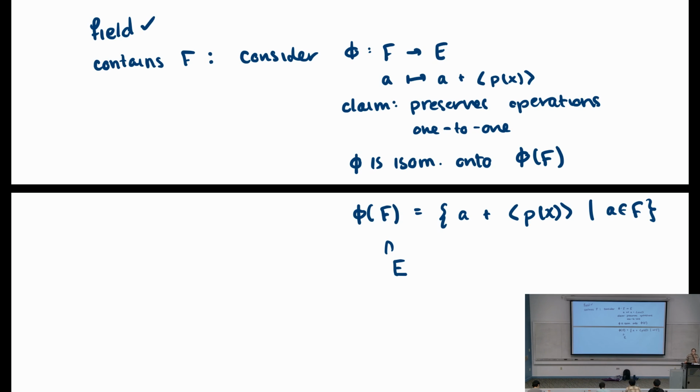So F doesn't need to be a subset of E, it just needs to be isomorphic to a subset of E? Yeah. So often, because of this, you'll see the element a plus the ideal generated by p(x) just represented as a inside of the extension field E. So you just identify those two things.